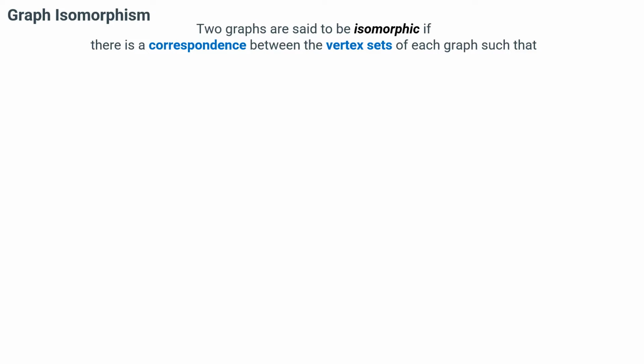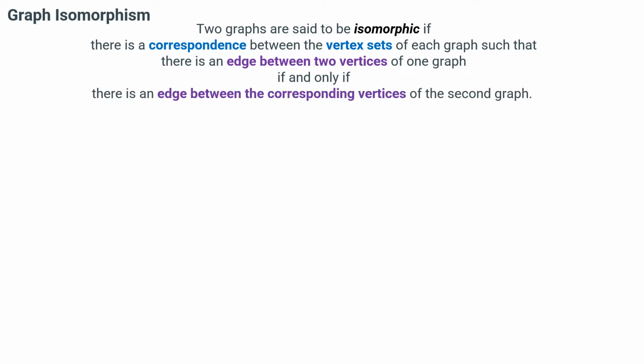So if we can come up with a correspondence between the two vertex sets of these two graphs such that there is an edge between two vertices of one graph if and only if there is an edge between the corresponding vertices of the second graph, then we would say that the two graphs are isomorphic.